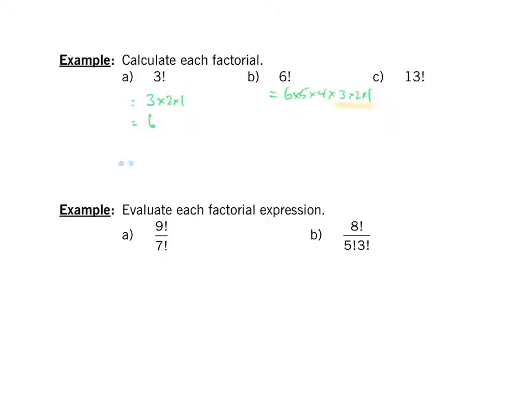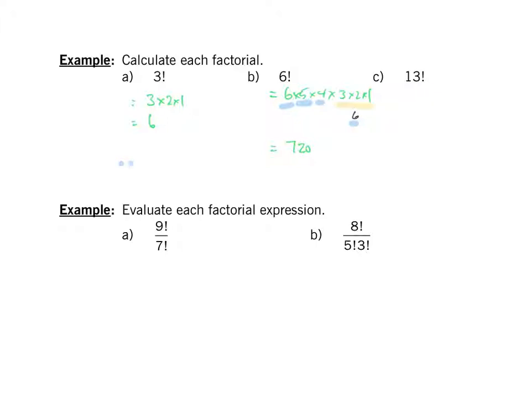And 3 factorial equals 6. So now what we should try and do is say, okay, well now we're going to take that 6 times 4, 24. Multiply that by 5, 120. Multiply that by 6, and you get 720. So that is the value of 6 factorial.